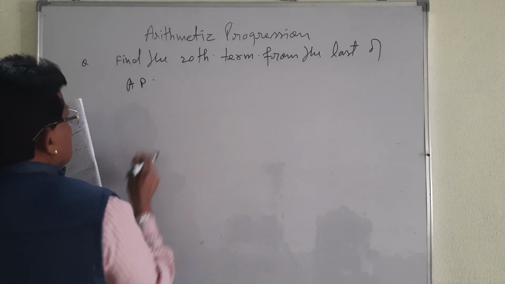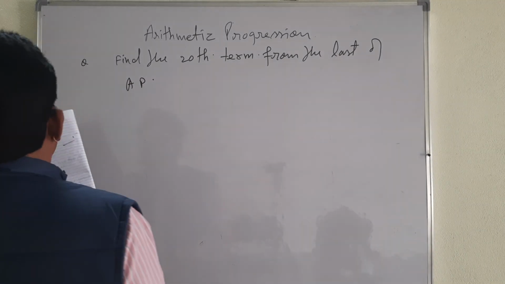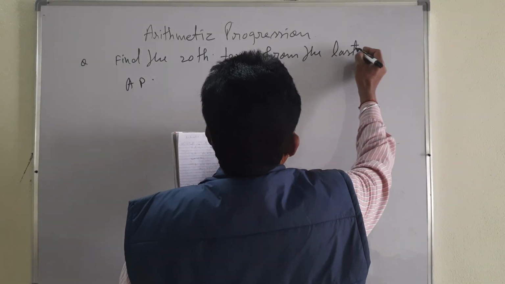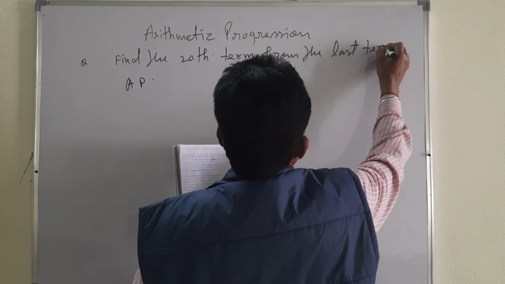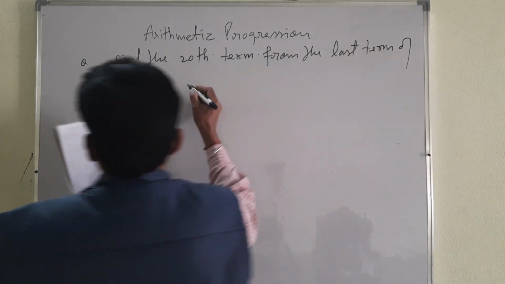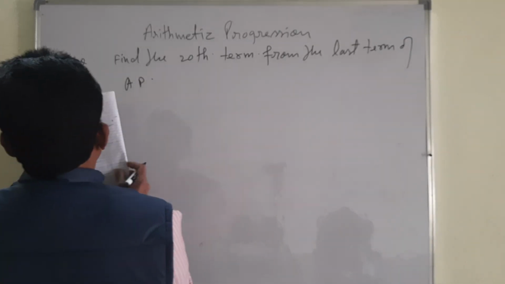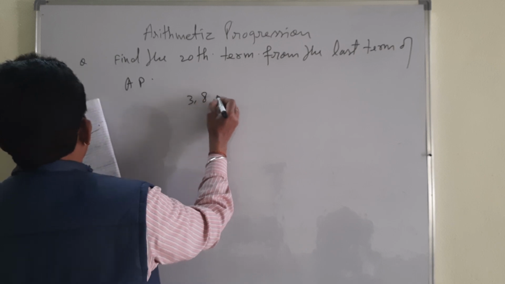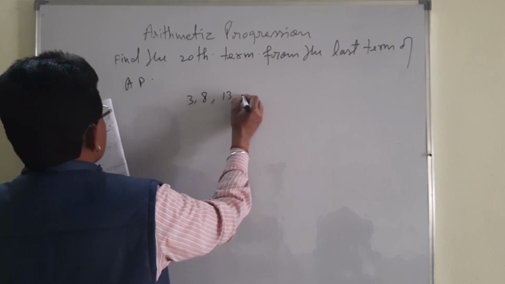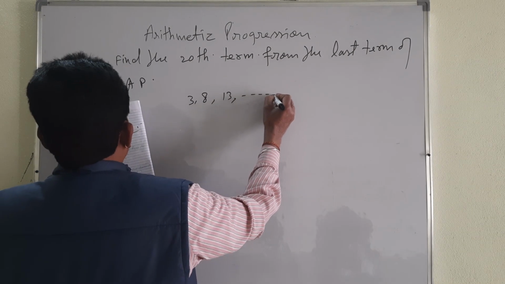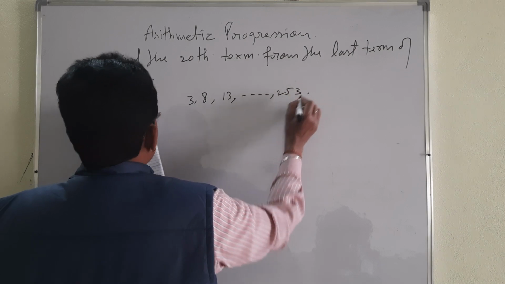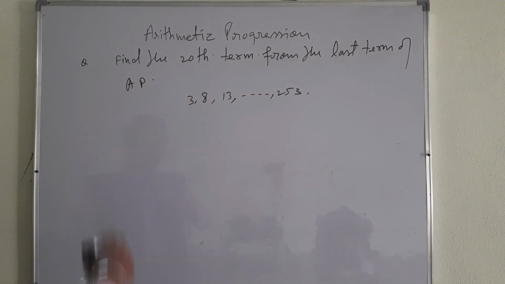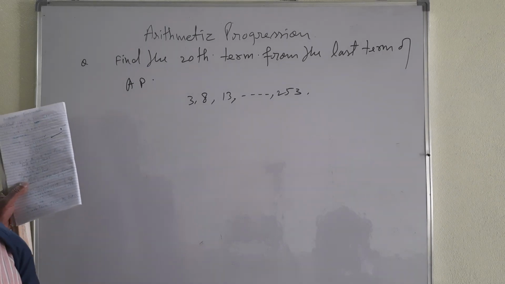The AP is 3, 8, 13 and so on, up to 253. Most important question. Okay, let me take the solution.